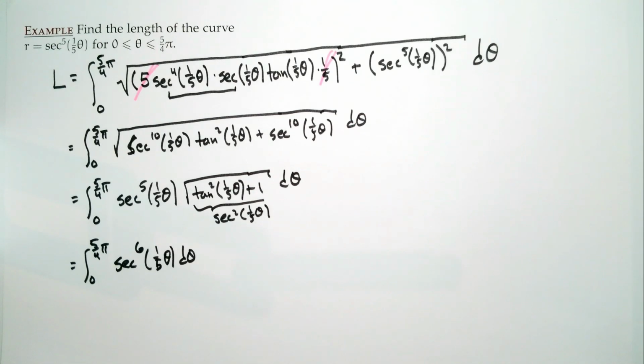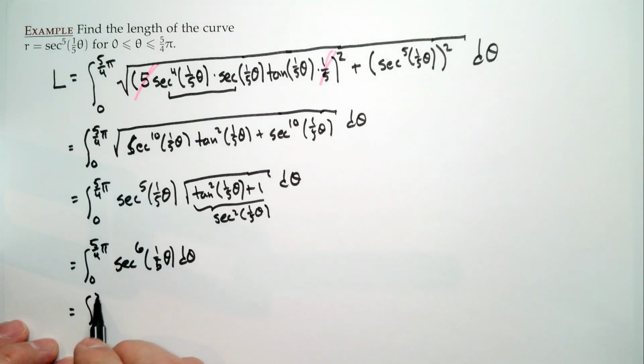You get to integrate secant to the 6. How do we integrate secant to the 6? Carefully. It's a bunch of secant squareds. Okay, so definitely we like secant squared. Why do we like secant squared? Because it's the derivative of tangent. We like secant squared because it's easy to integrate, derivative of tangent. So we have our great moment.